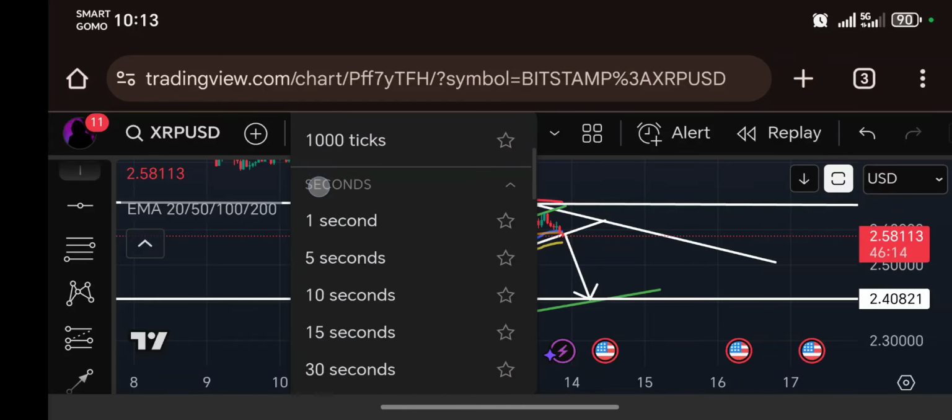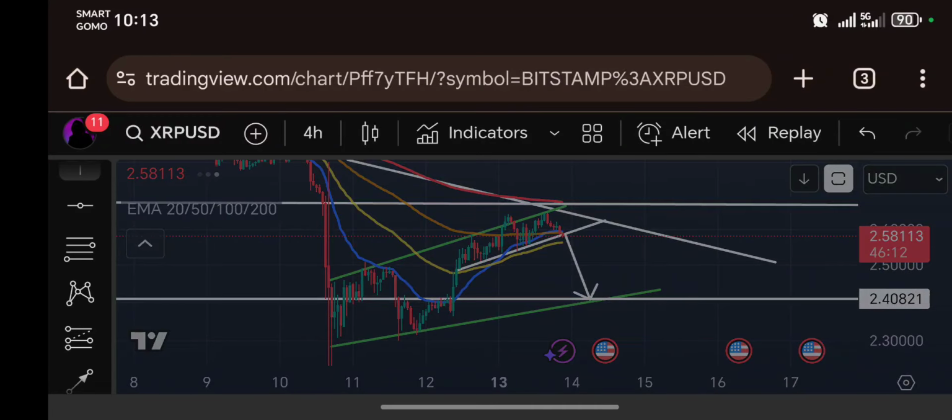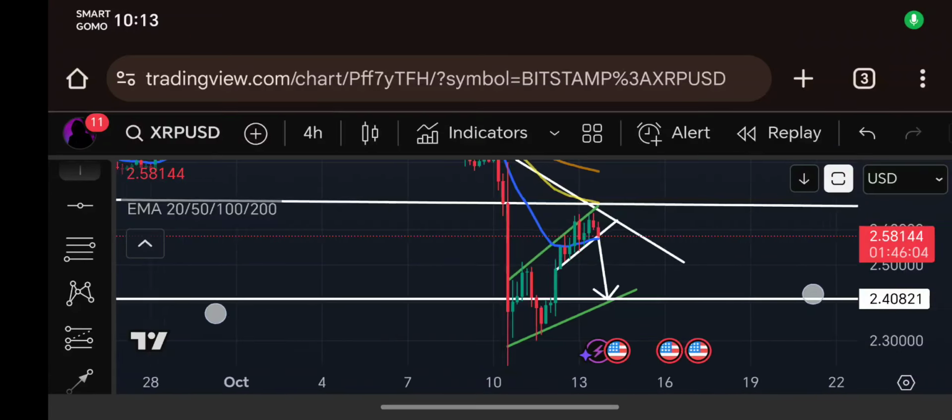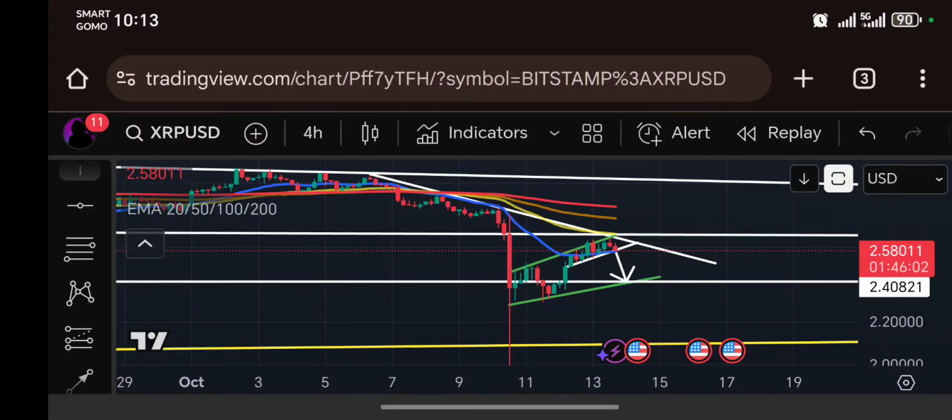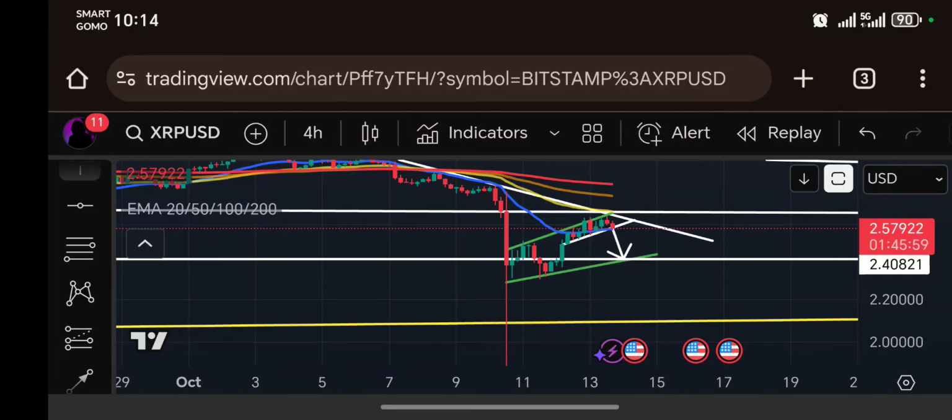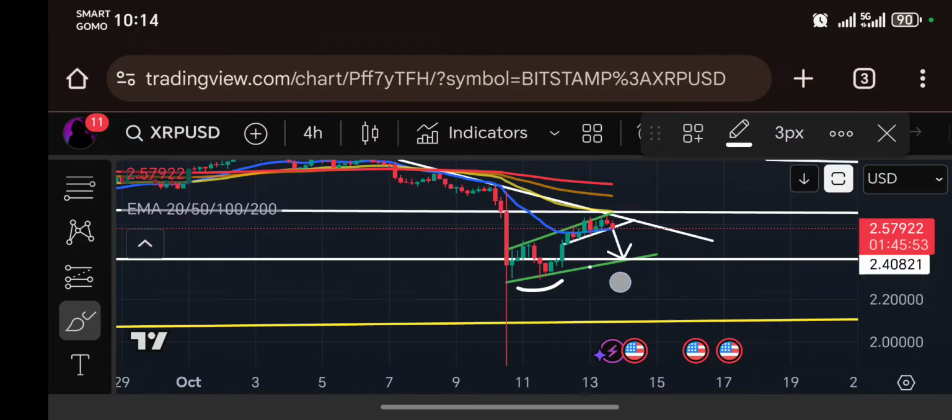So in your 4 hour time frame, okay, here's your 4 hour time frame. Yeah, it's still good, creating a higher high and higher low here. You see that, higher low and higher high.